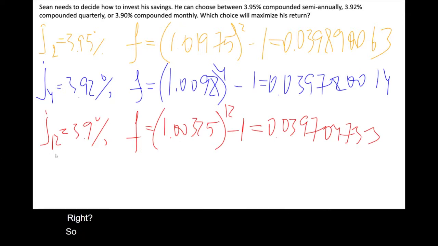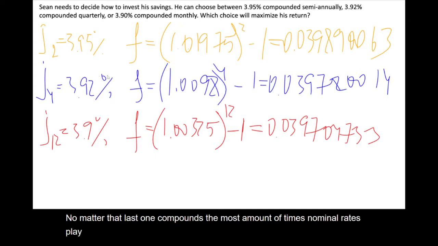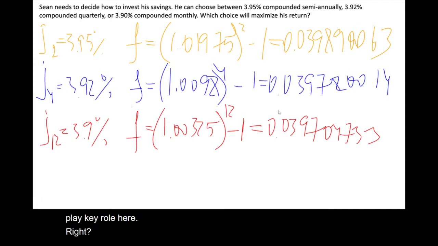And no matter that the last one compounds the most amount of times, nominal rates play the key role here, right? But just what, 500ths of the percent, right? And it makes a difference.